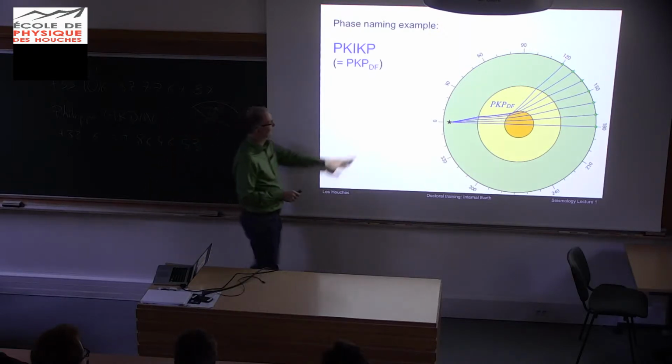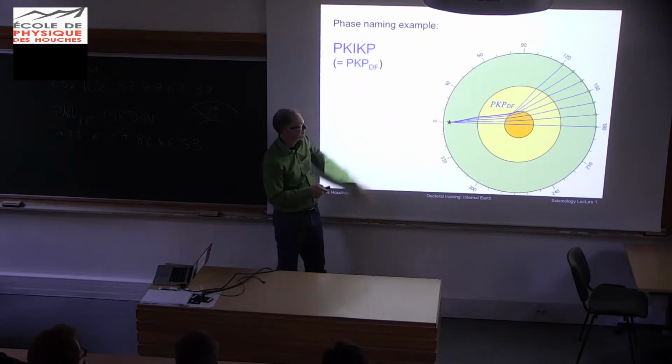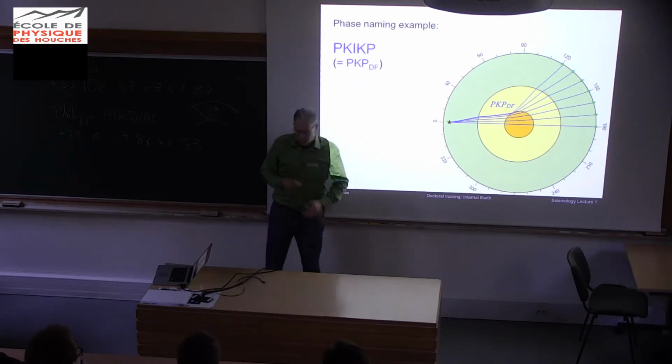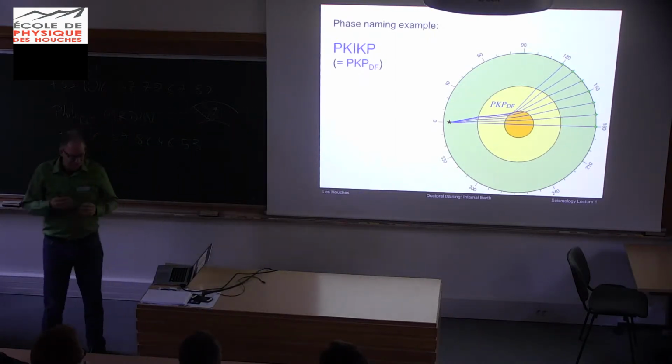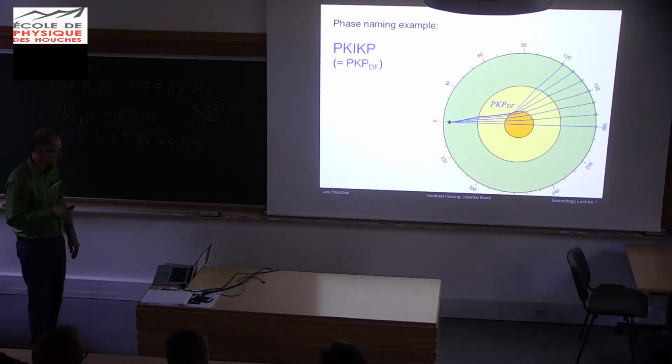Sometimes people just call it PKP, meaning any P wave that gets into the core, inner core or outer core. And then the inner core ones also have this subscript notation to do with the wave having different parts. Like there are 2 waves in the outer core, and so it's something called a triplication, which I'll talk about in a minute.